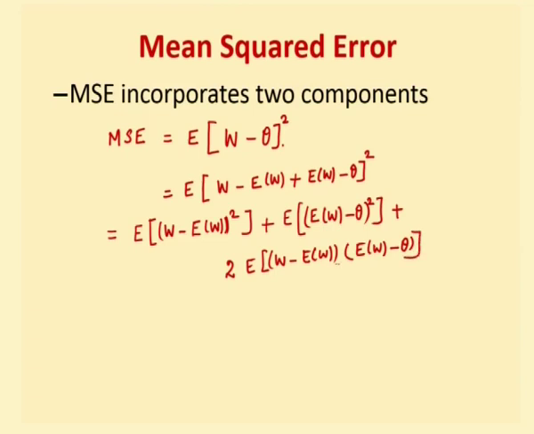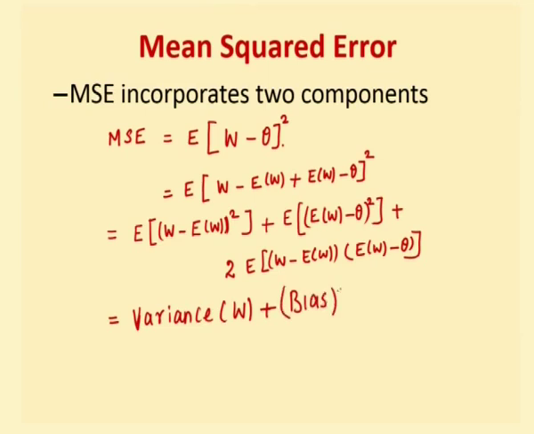So, anyway, the third term by this expectation you will get 0, and this will be E[(W − E W)²], the whole square. This is the expected value of (W − E W) the whole square, which is nothing but the variance of W. So, the variance of W we have, and this, if you look at it, is the bias square.